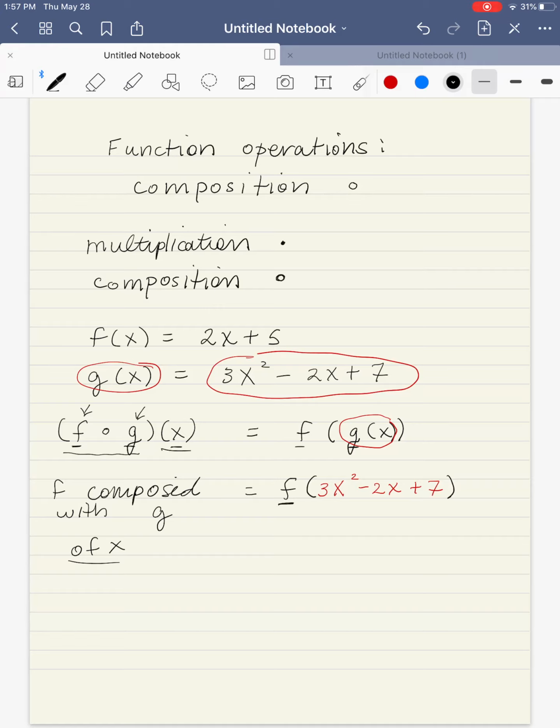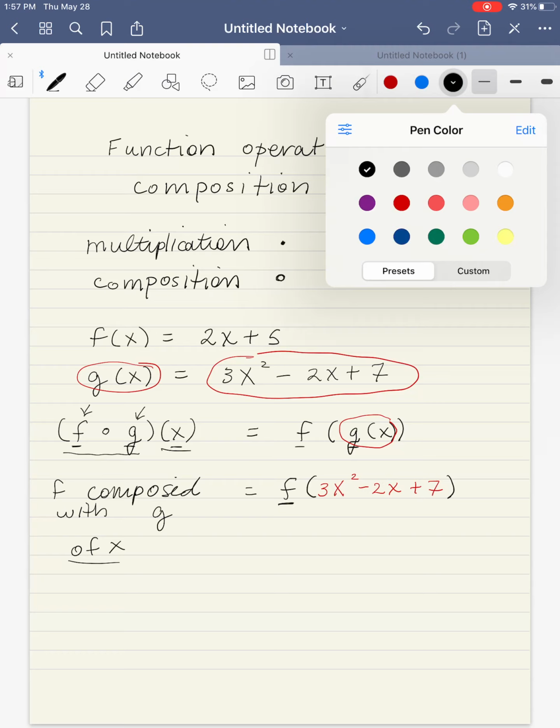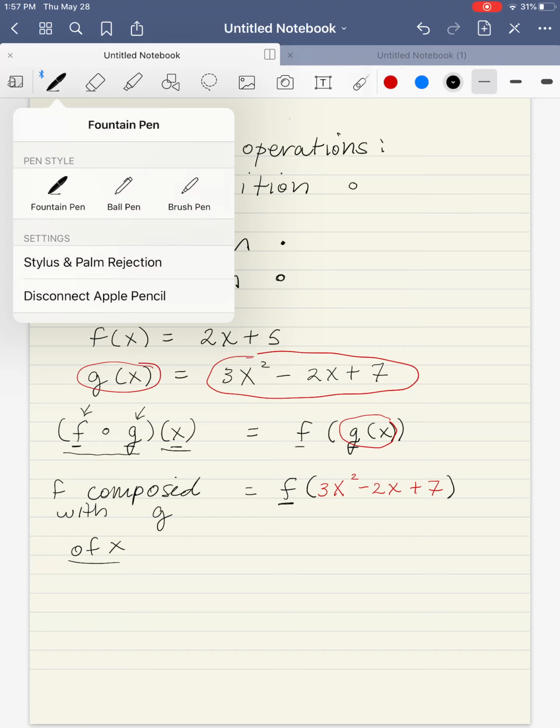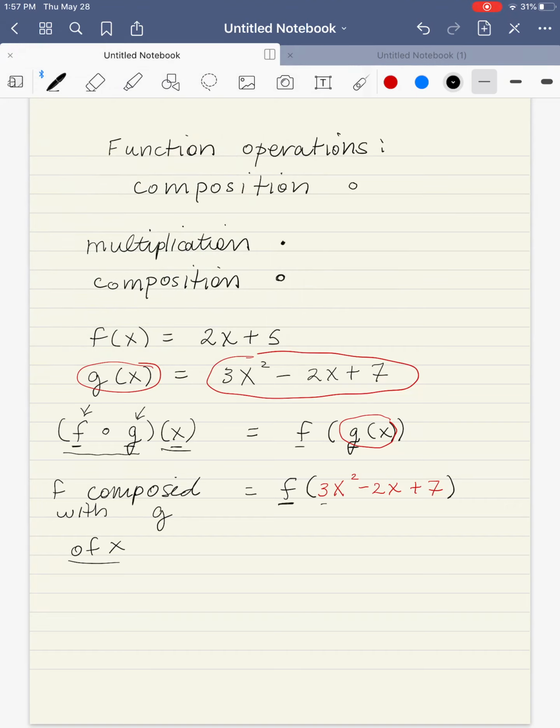This, the f, means where we're plugging in for x, where we are replacing x. And in the parentheses is what we're putting in place of x. So in the f function, wherever we had an x, we're going to put all of this that's in the parentheses.